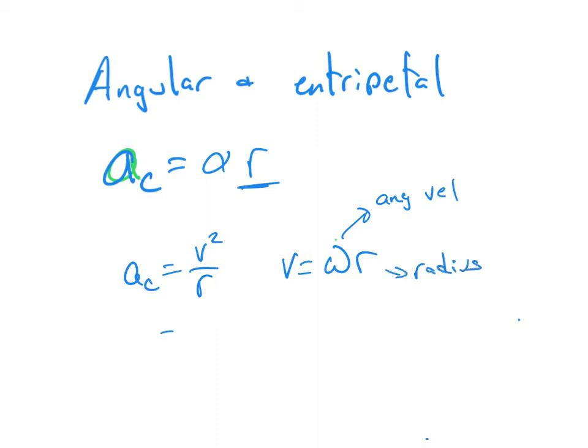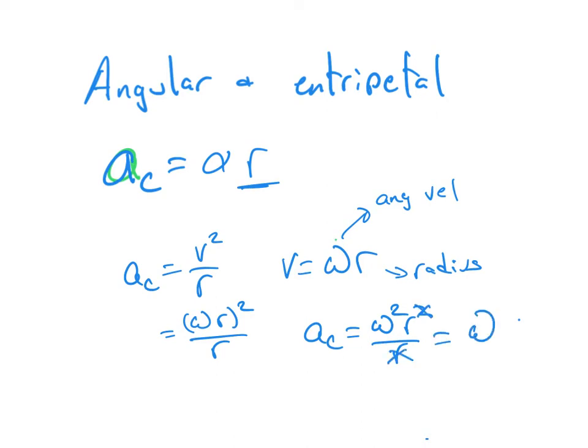So a quick derivation, we can plug that in for our velocity, and we get another way of looking at the centripetal acceleration. Centripetal acceleration is going to be equal to omega squared r squared over r. So we're going to cancel out one of our r's. So centripetal acceleration is equal to omega squared r.